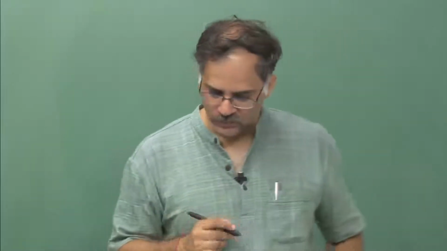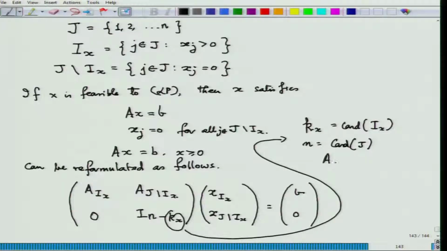From the point of view of solution, if you had not kept Aix all on one side, but some of them in the middle, then also it would give me the same solution. So, Aix is of the order m cross kx. And A of J minus Ix is of the order m cross n minus kx.